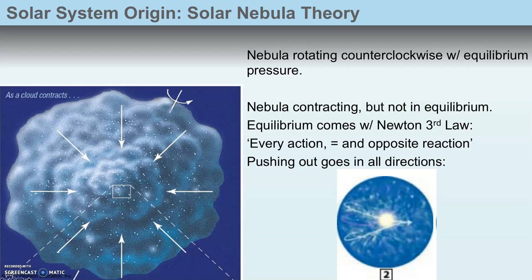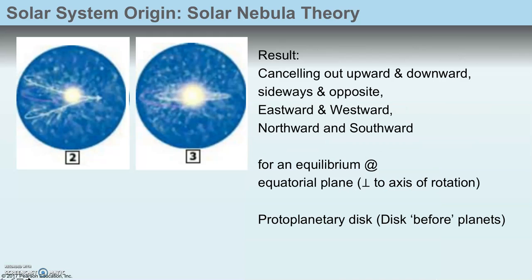And you see with the two there, what I'm pointing out to you is that there was pushing out that went up and that went down and in different directions. Well, everything actually canceled out to a direction that was perpendicular to the axis of rotation. So in other words, this is rotating counterclockwise around an axis that is right about here.